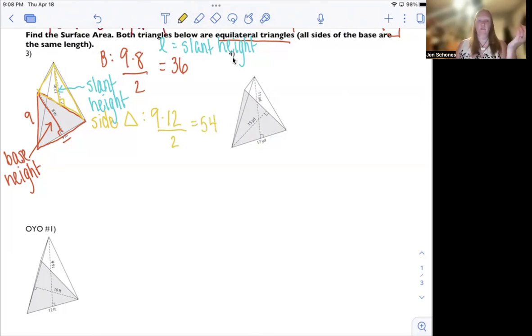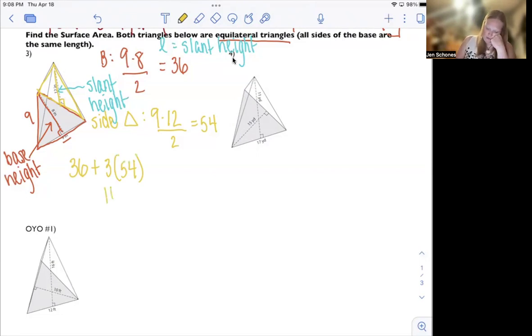Okay, I have all the information. I know that my triangular pyramid has a base, so I'm going to write 36. And it has 3 sides with the same area, so I'm going to do 3 times 54. 3 times 54 is, what is that? 150 plus 12.